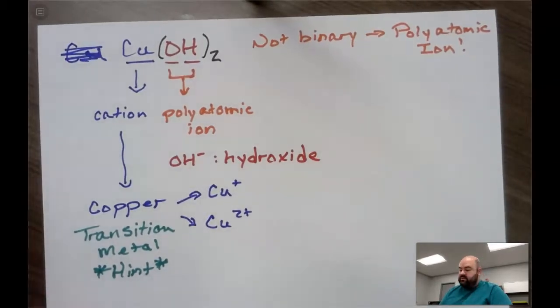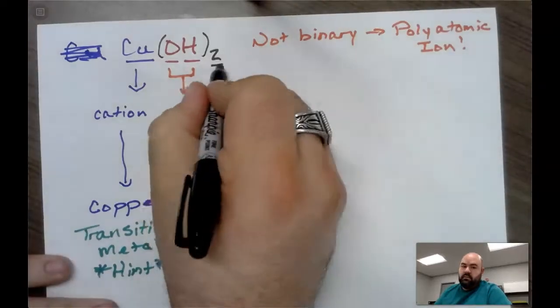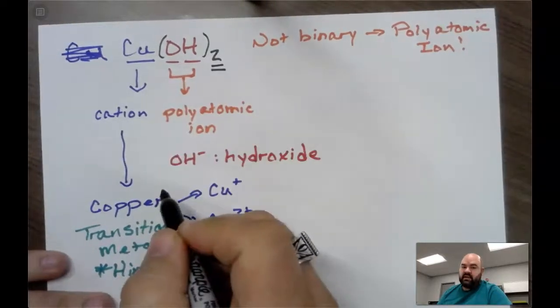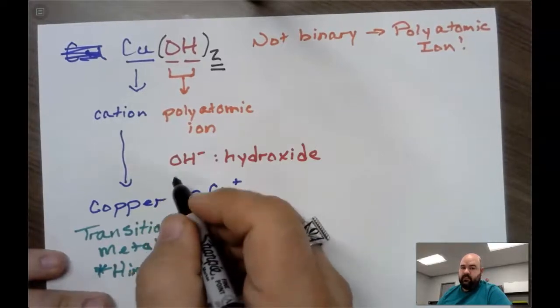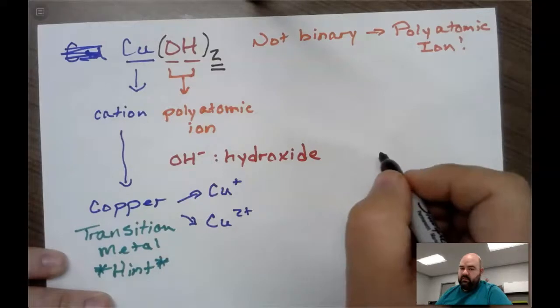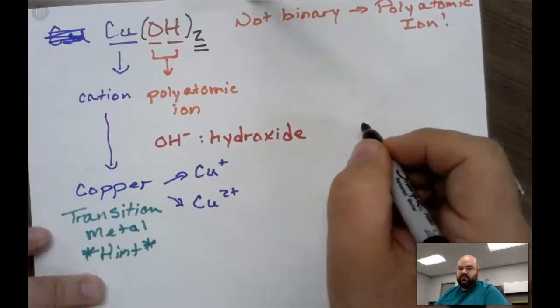And that brings us to looking at what the charge on hydroxide is. Now, we go to the formula, and we see that there are two hydroxides. I'm going to use this blank space over here, so bear with me.